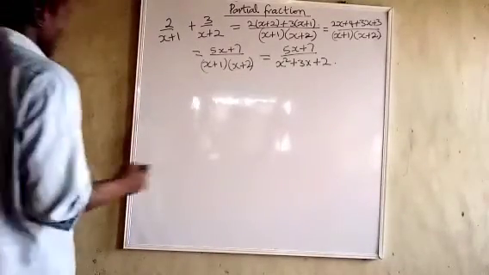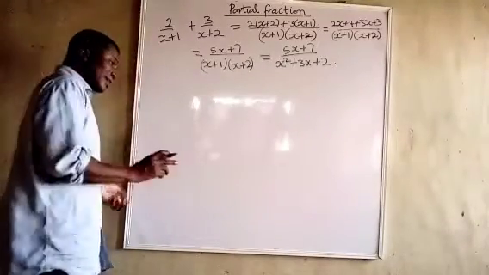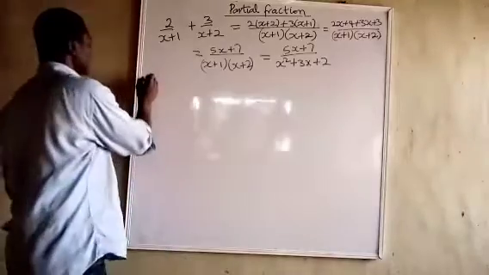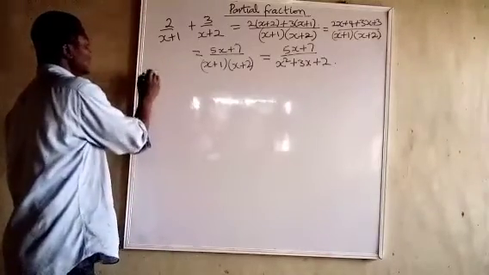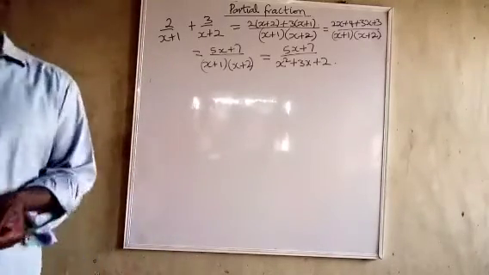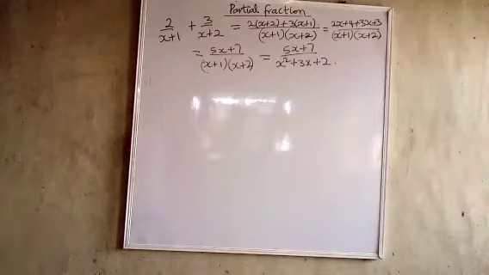Now, before we go on, I want us to know what are the main things we look out for. The first thing is this. Is the power of the numerator greater than the power of the denominator? 1.